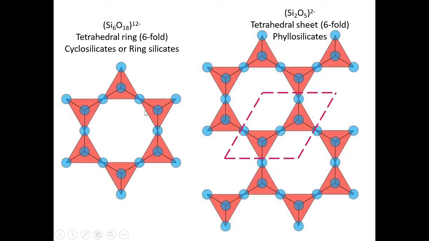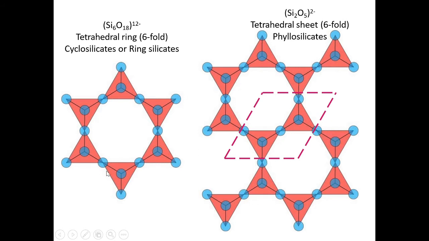Okay, so if we compare the cyclosilicate with the next category, which is the phyllosilicate sheet structure, the distinction is that there will be a single ring, while in a sheet structure there will be the repetition of rings, where more oxygens will be shared.